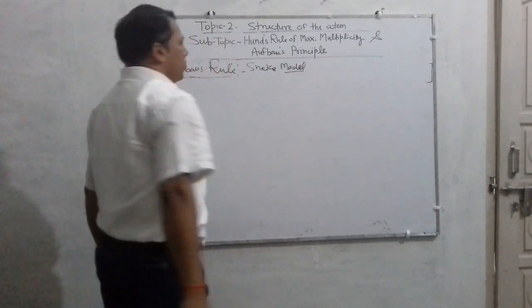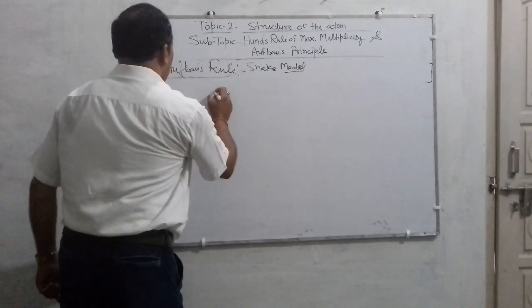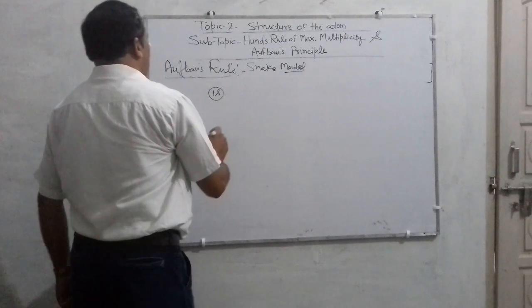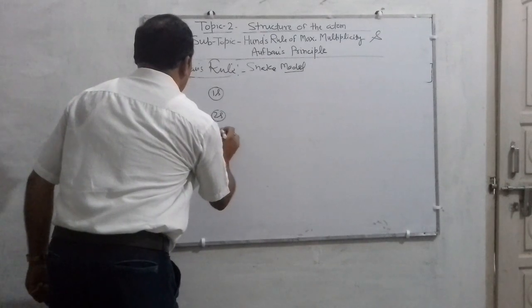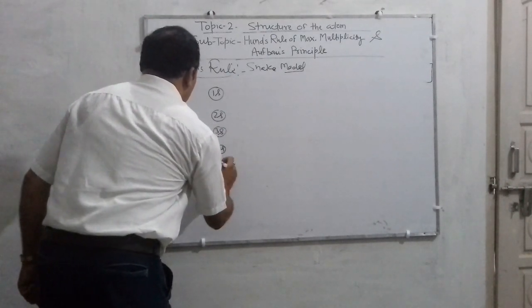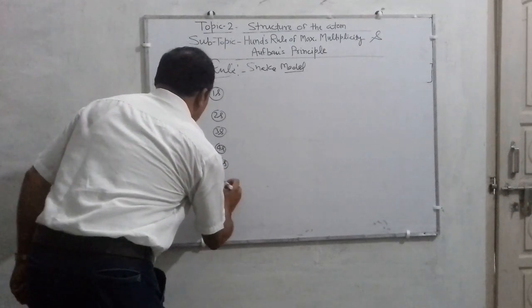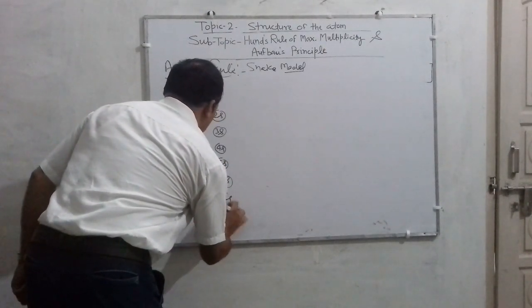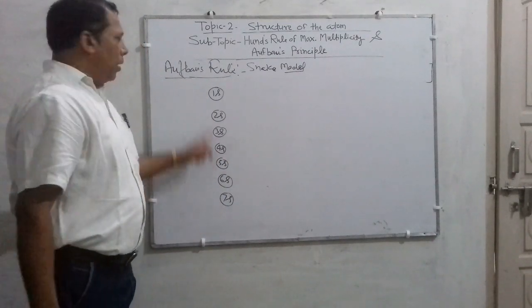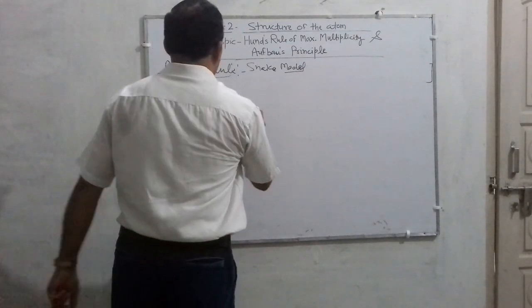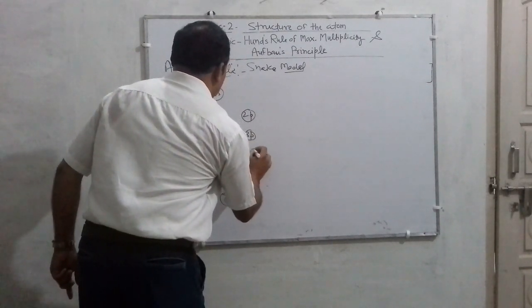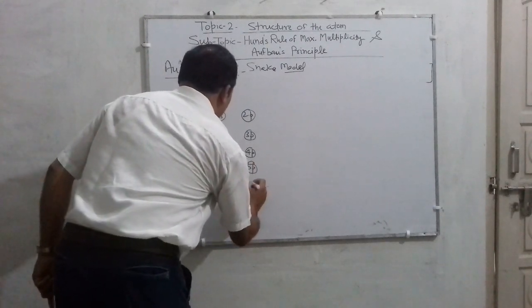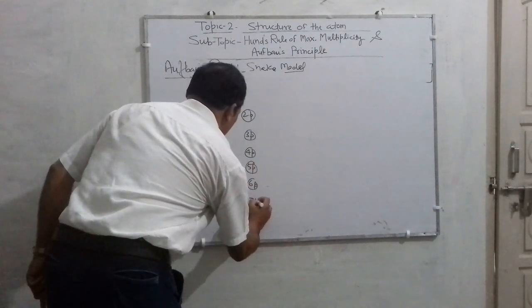Why is it called snake? I am going to show you. I am writing the various subshells. Here I write 1s to 7s orbitals. Similarly, here 2p, 3p, 4p, 5p, 6p and lastly 7p.